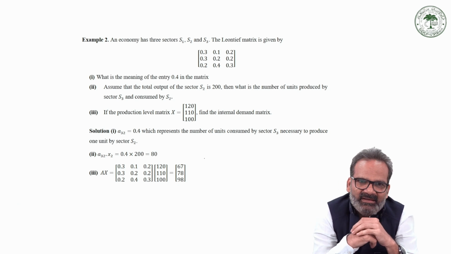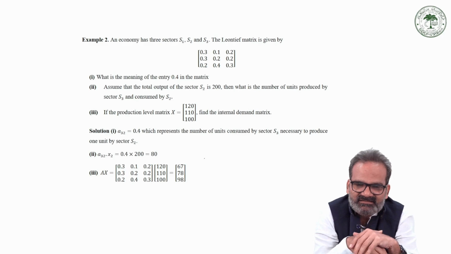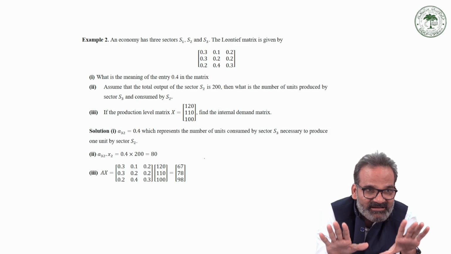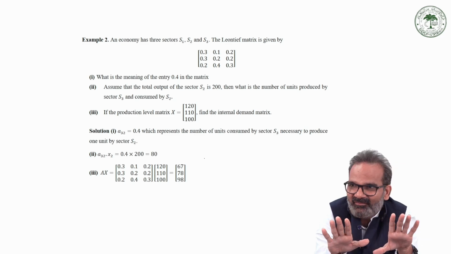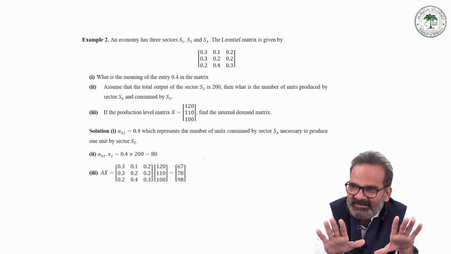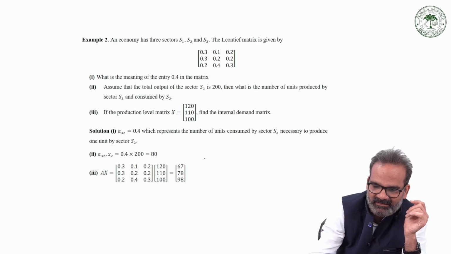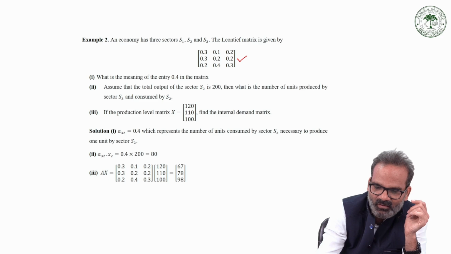An economy has 3 sectors, S1, S2 and S3. The Leontief matrix is given. Here you don't have to formulate the equation, you don't need to write down the Leontief matrix. This is another type of question. The Leontief matrix is already given, clear.